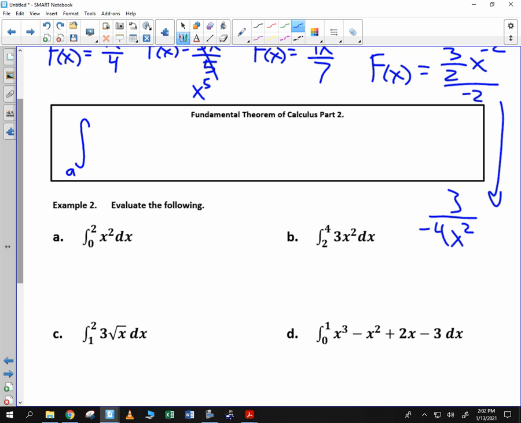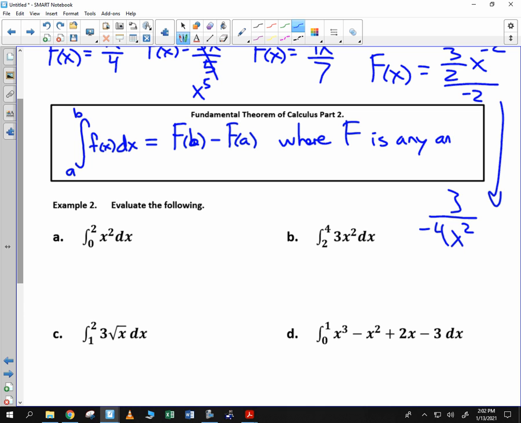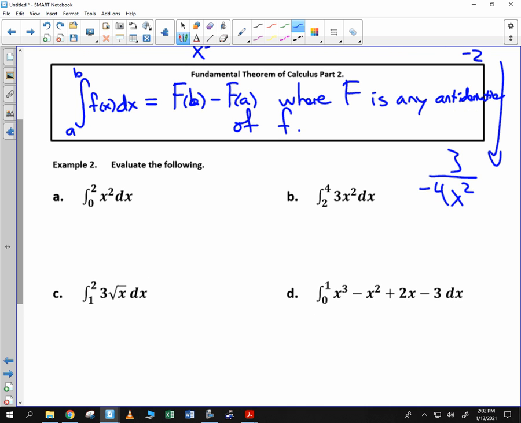The integral from a to b of a function f dx is equal to big F of b minus big F of a, where big F is any antiderivative of f. Are you confused? Hopefully not. If you are, we'll bring you through with this example.